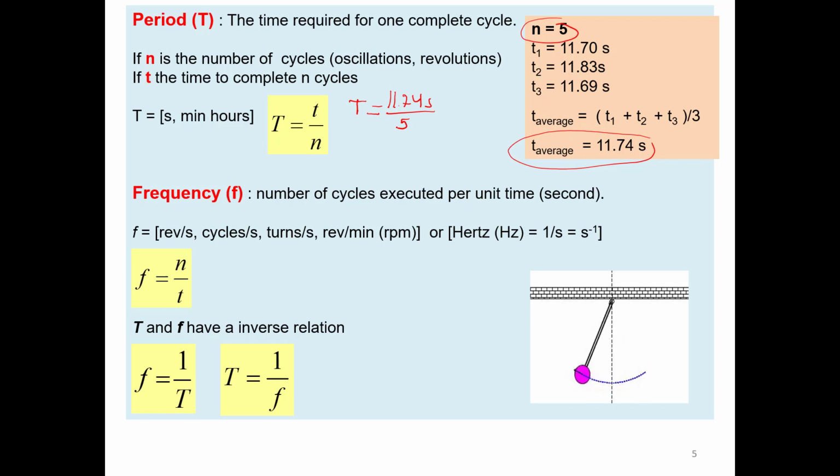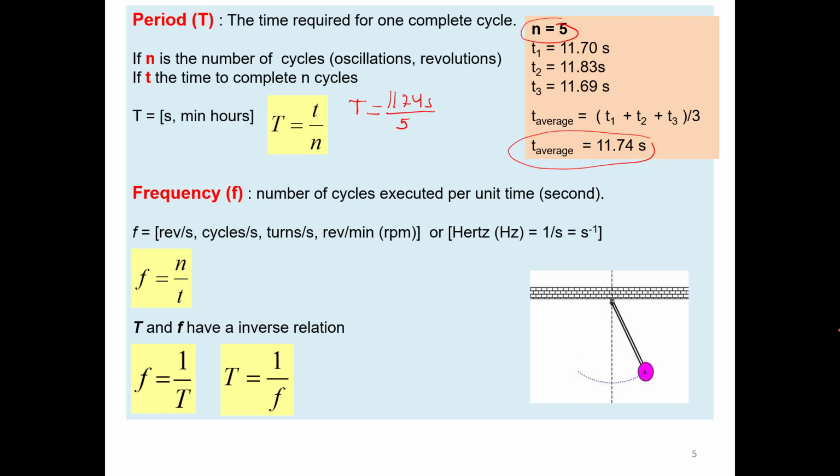The unit can be oscillations, revolutions, or cycles, and we don't need to write that because we know the period corresponds to the time for one cycle. This is why we don't need to write 5 cycles.